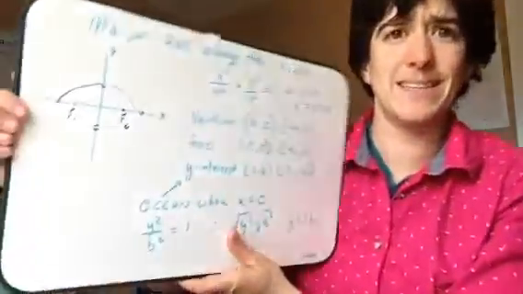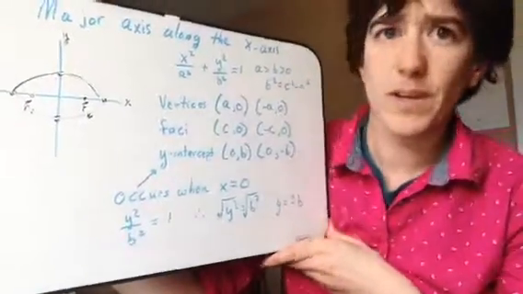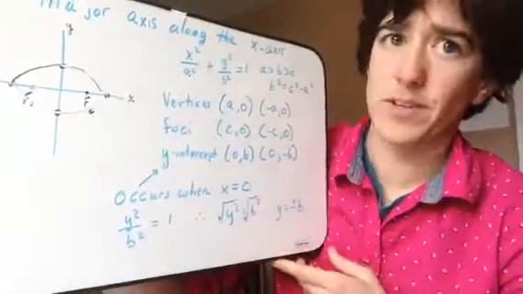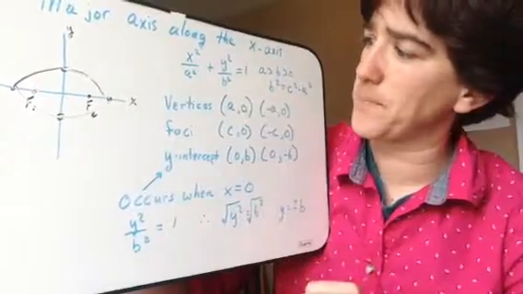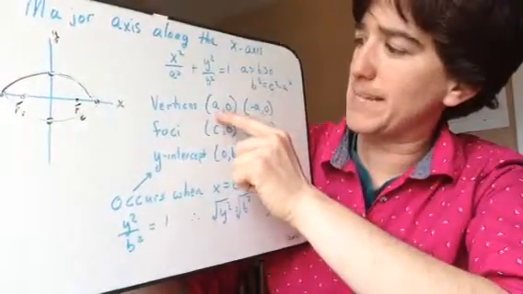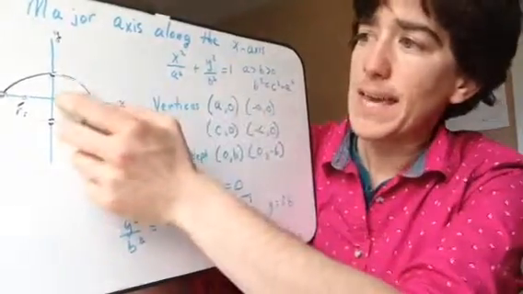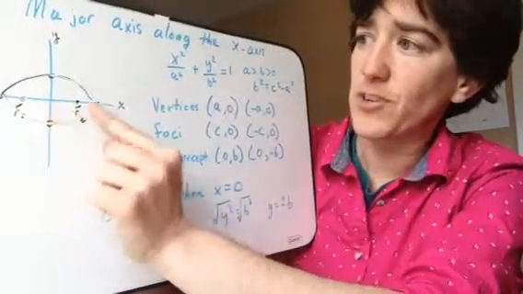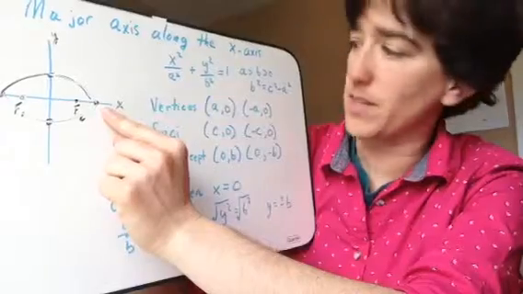So let's look a little bit more in depth at an ellipse along the x-axis. This is what I have drawn out for us here. I think you can see this okay. My vertices positions are described as (a, 0), a being the distance from the center to the vertices.